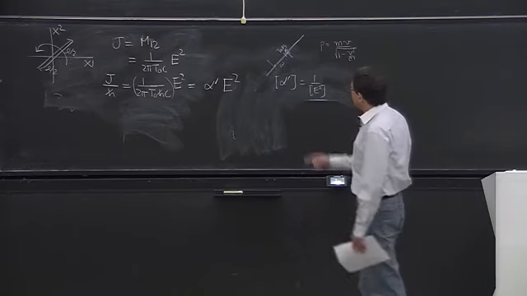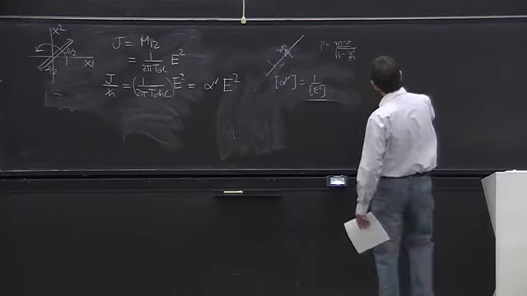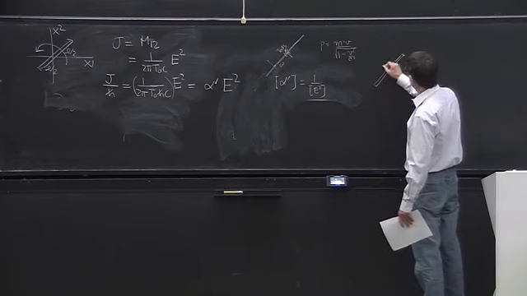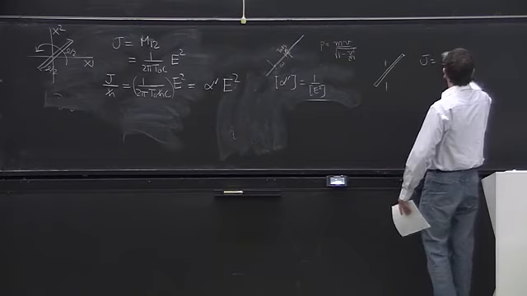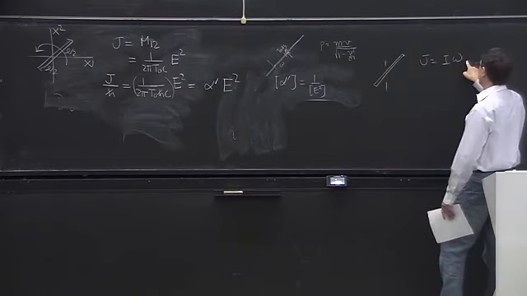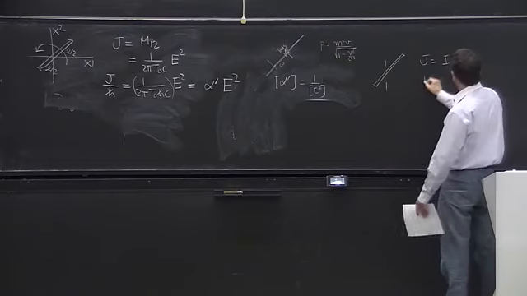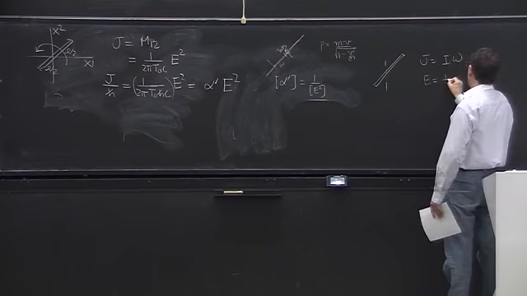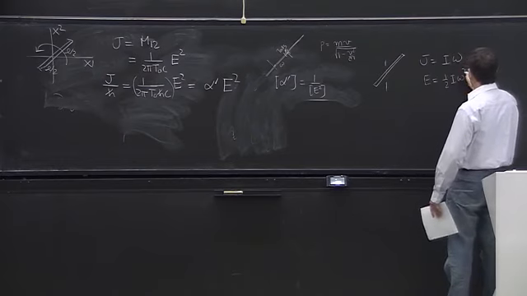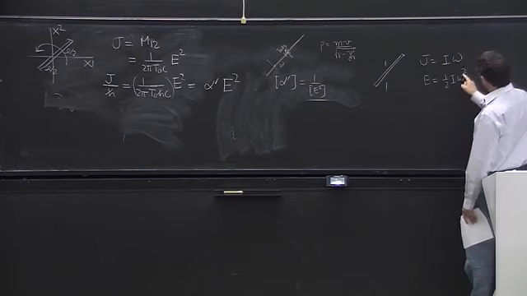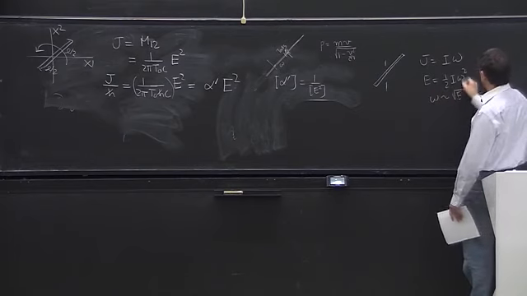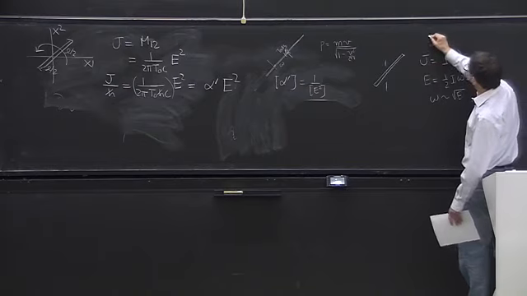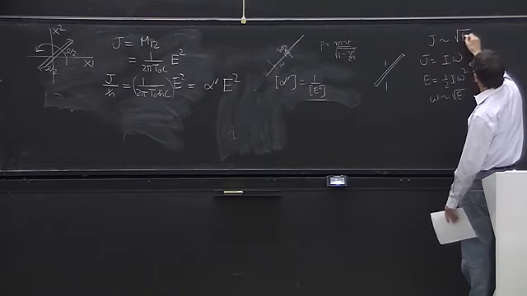You see, there's a usual relation. If you have a rotating object, the angular momentum is I omega, moment of inertia times omega. The energy is equal to 1/2 I omega squared. So omega goes like the square root of energy, and J, therefore, goes like the square root of energy.